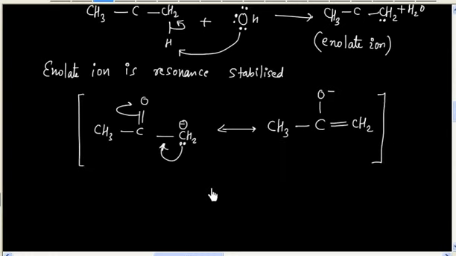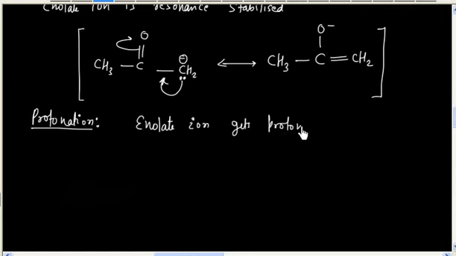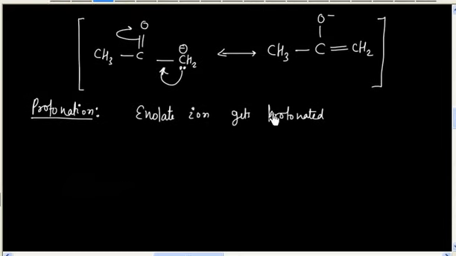Now the next step is protonation, that is protonation of enolate ion. So enolate ion gets protonated. If I protonate oxygen, we will have enol form.